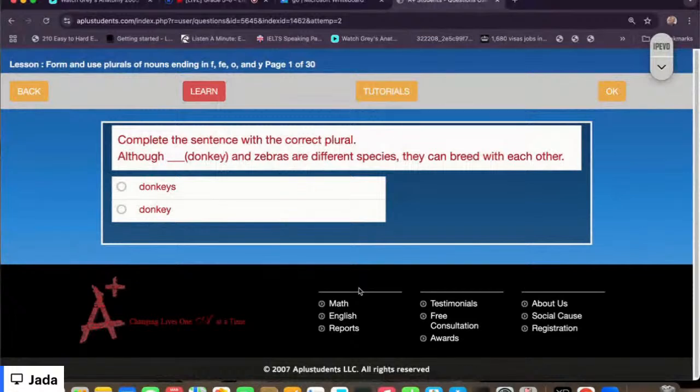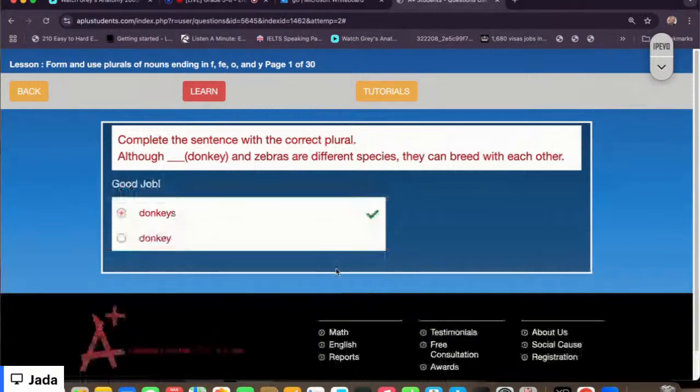So what's the right one here? Alright, so we have donkeys, first one.